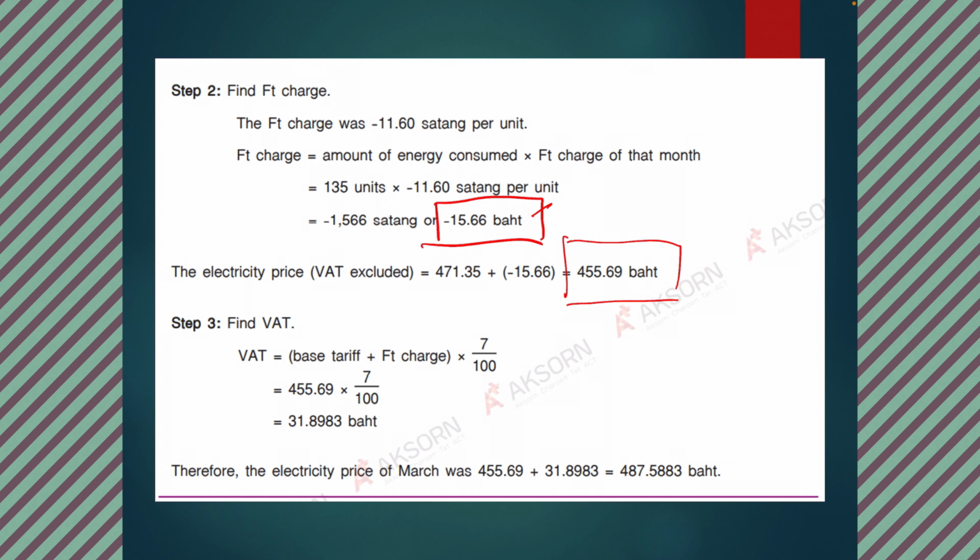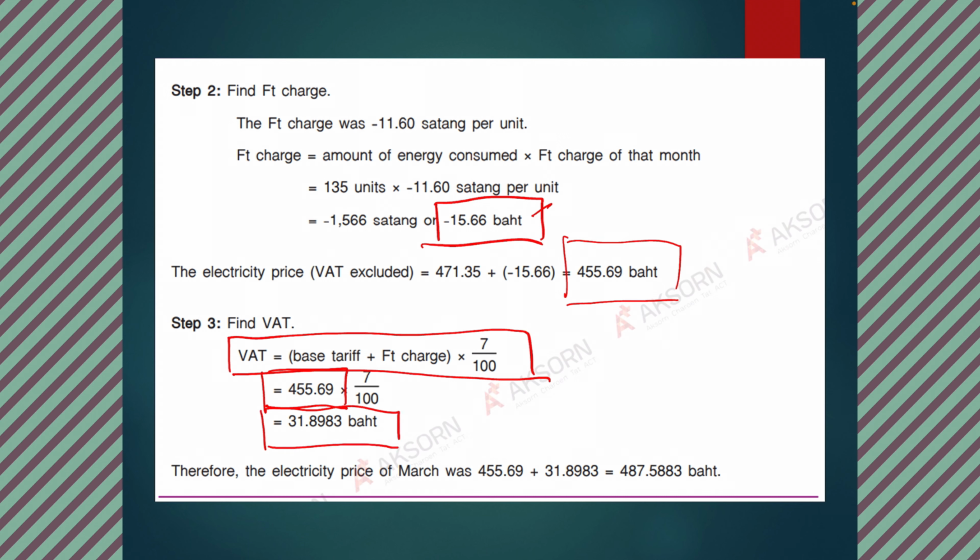And then for step 3, you get the VAT. Now, how do we get the VAT again? Here, this is the formula. So you go back. So the base tariff plus the FT charge. So 471.35 plus minus 15.66 baht will give you this one, times 7%. And finally, the VAT is 31.8983.